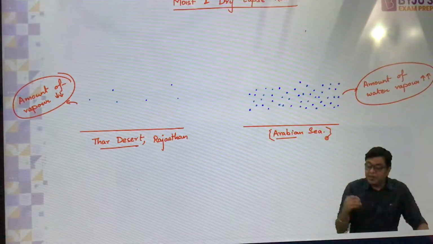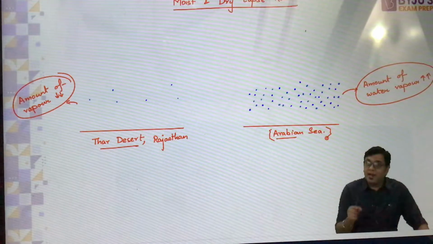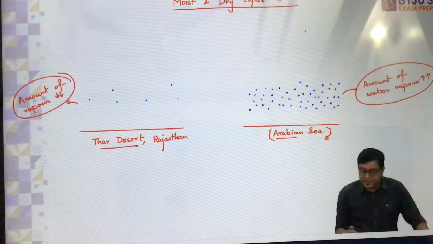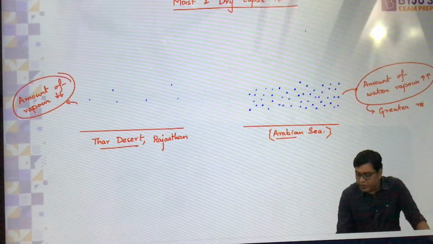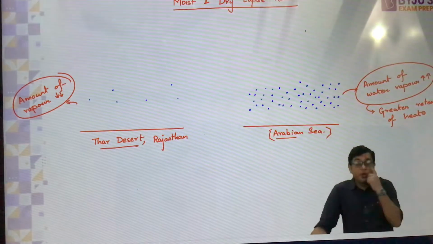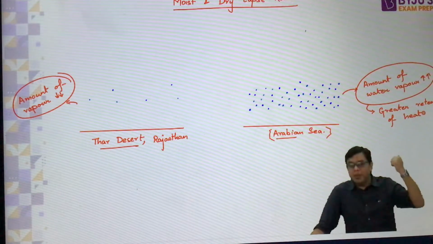Because you have a significant amount of water vapor present above it. Retention of heat is basically that all that heat is not lost immediately.